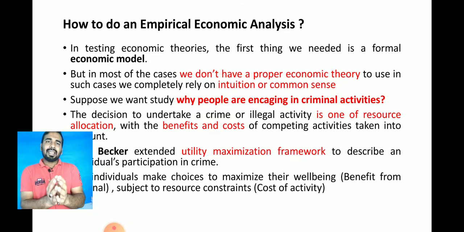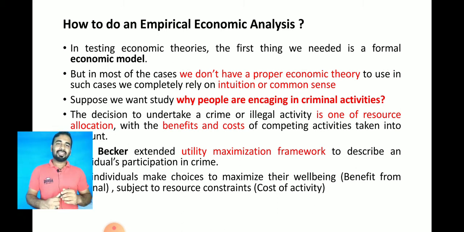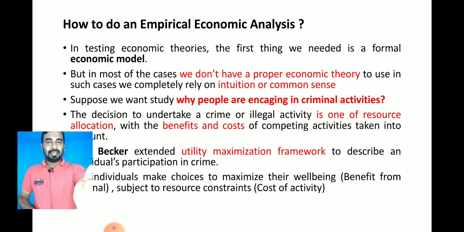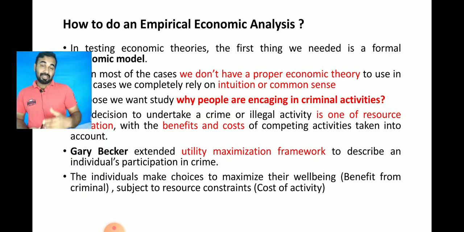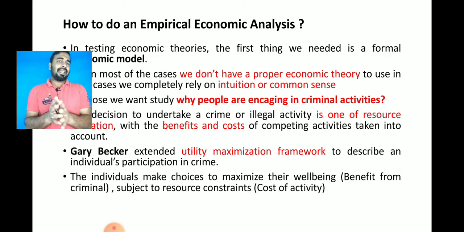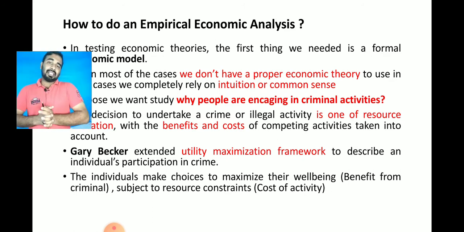So in engaging in a criminal activity, there is a resource allocation, and this includes both benefit as well as cost. It was Gary Becker, a Nobel economist whose basic area is household or family economics, who first analyzed why some people engage in criminal activities.